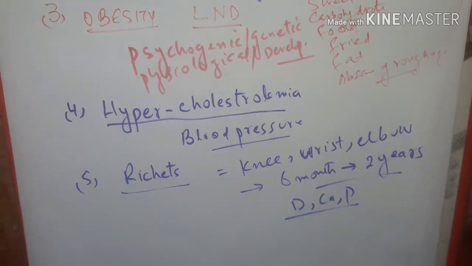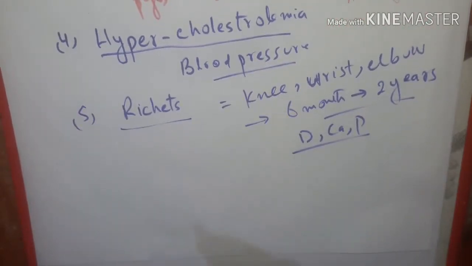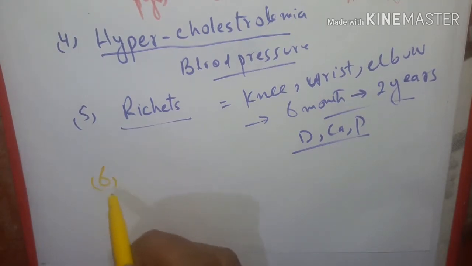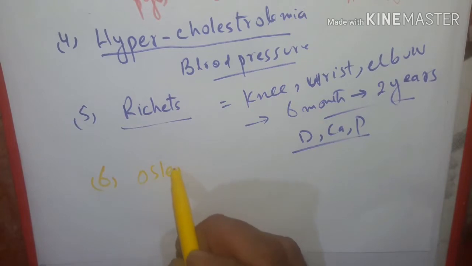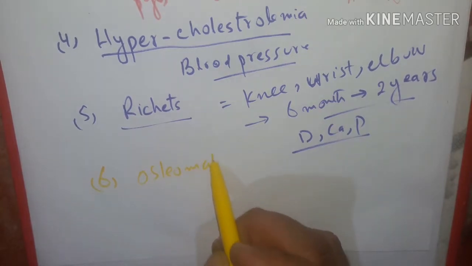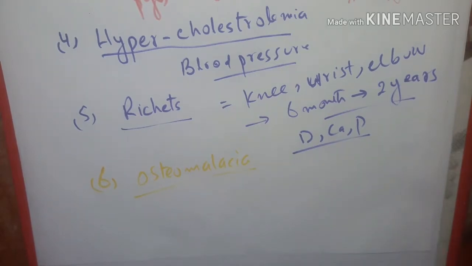Now we can take another that is related to this. That's called adult rickets, exactly called osteomalacia. So we have the sixth one, osteomalacia. It's adult rickets. If rickets happens in children, osteomalacia happens in adults.